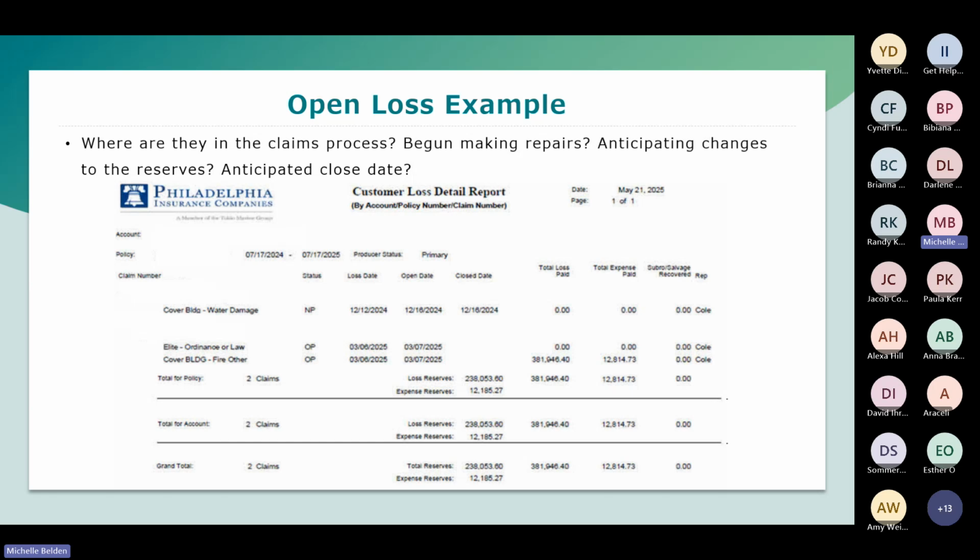An anticipated close date can't always be given, but sometimes people are almost at the end of their claims process. They're just wrapping up, they just need to sign off on their final payout, and then the claim will be closed. So again, at the end of the day, the more information you can provide when a loss has occurred, the better.